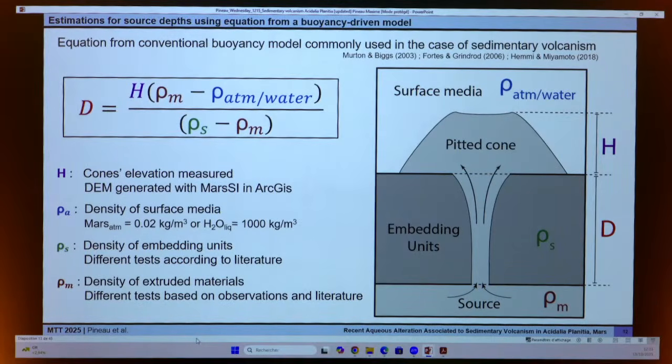I will not go into the details, but we need the cones' elevation using DEM data, and we need different assumptions for the density of the surface media, so thin Martian atmosphere or liquid water, and a lot of tested combinations for the embedding units and extruding materials. Overall, we have applied this model to a lot of locations in the Acidalia Planitia region, and we have the same results, so that we are able to reconstruct the subsurface stratigraphy, the geology of the temperate terrains.